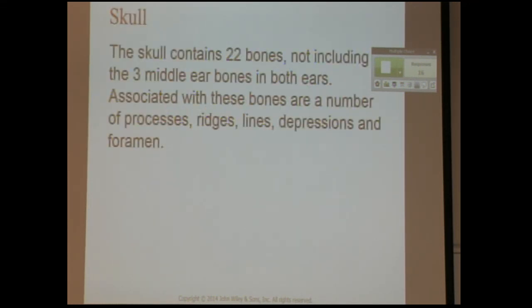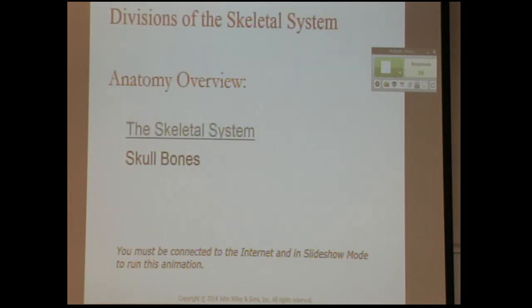All right, and we're going to go pretty quickly through these because I want you all to get to your bone naming game that's sitting on your table out there. All right, so your skull has 22 bones, plus 3 ear bones, so that's 25 bones. And we could take a quick look at them here.